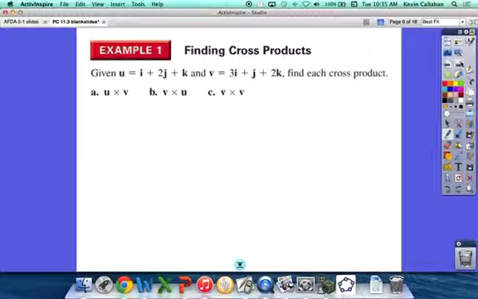Right, so what would be the component form of this vector, of U right here? 1, 2, 1, right? So U is 1, 2, 1. And how about V? Right, 3, 1, 2.